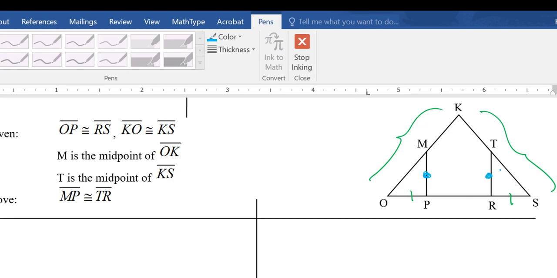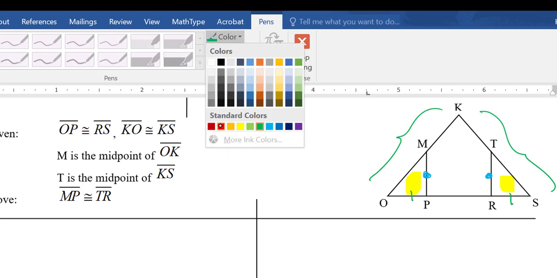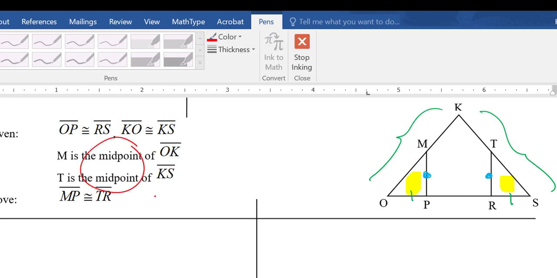Hopefully you can see that. What we really need to do here is get these two triangles congruent to each other. The other piece of information we have that's kind of nice is two midpoints, so I'm looking at probably division or multiplication properties in order to solve this.